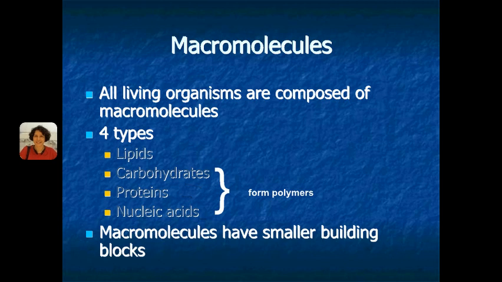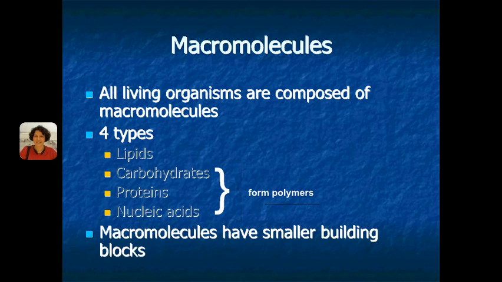Of the 4 types, 3 of them, the carbohydrates, the proteins, and the nucleic acids, have the tendency to form extremely large molecules that are composed of individual subunits of the macromolecule strung one after another.